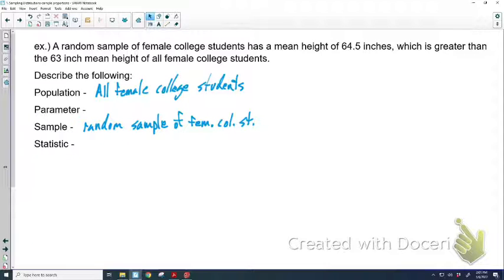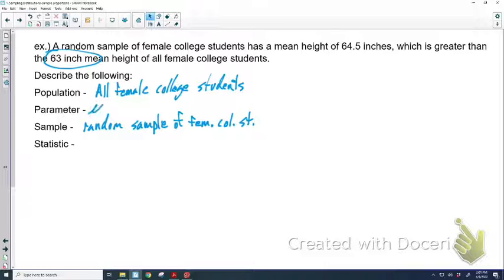Our parameter, you got to skim through it and look at what we're talking about. We're not talking about proportions this time, we're talking about means. So the parameter in regards to the population, which looks like it's this 63-inch height.